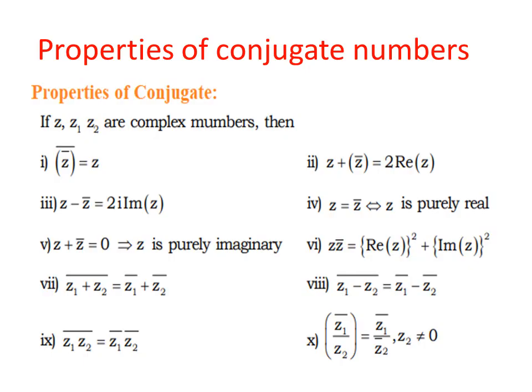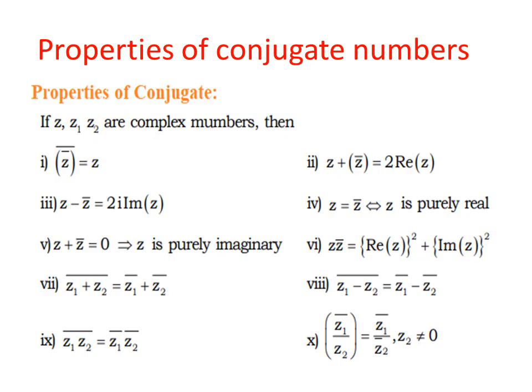z is equal to z bar if and only if z is purely real. Fifth, z plus z bar is equal to 0 if z is purely imaginary. z times z bar is real part of z whole square plus imaginary part of z whole square. The conjugate of z1 plus z2 is z1 bar plus z2 bar.